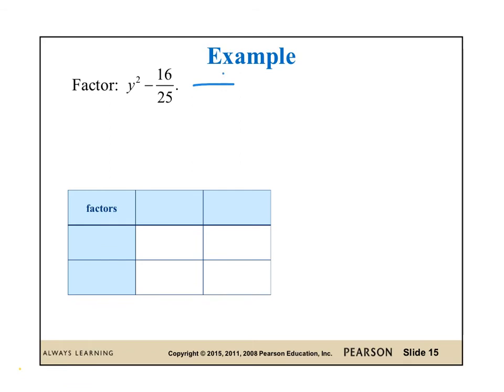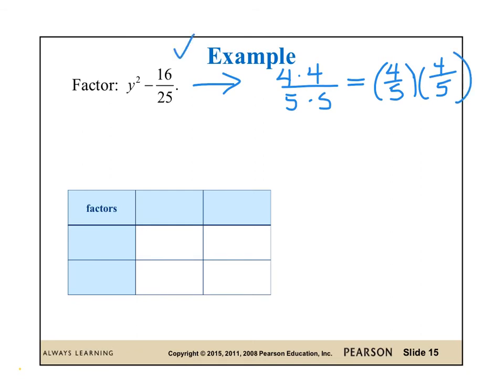This is a little bit early to talk about this, but 16 is 4 times 4, and 25 is 5 times 5, and so 16 over 25 is equal to 4 over 5 times 4 over 5. And so that means it's a perfect square. And of course, y squared is y times y.